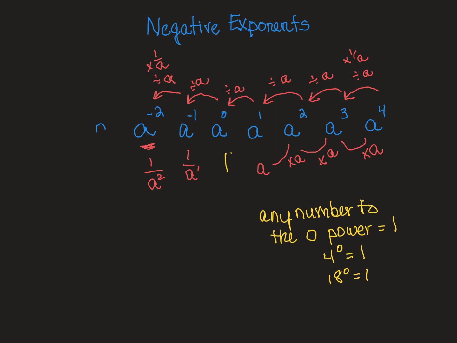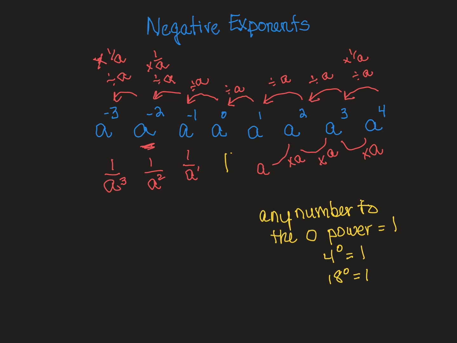Just one more. A to the negative third, again dividing by a, or multiplying by 1 over a, is 1 over a to the third power.